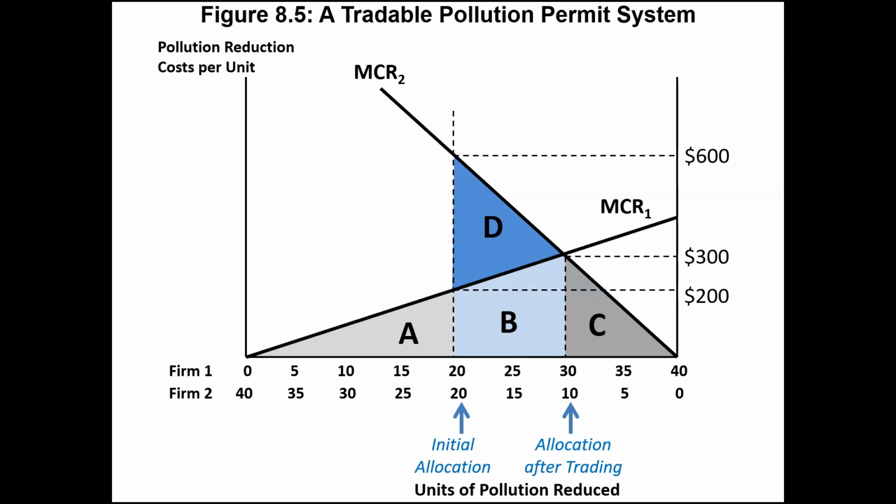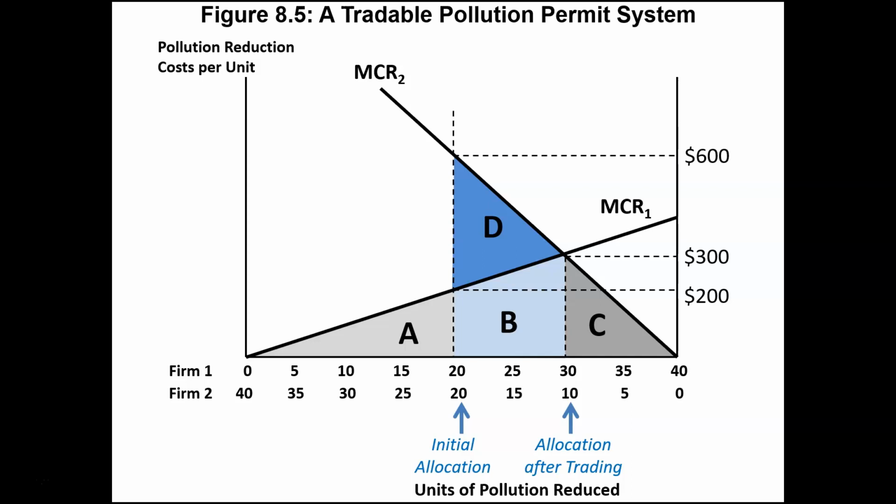And so firm one is willing to sell their pollution permits to firm two because they can get a higher benefit from selling those pollution permits than it costs them to clean up their pollution. So they're willing to clean up a little bit more, pollute a little bit less, because they can get more money by selling those permits on the market.